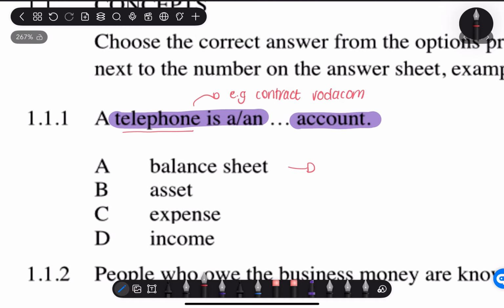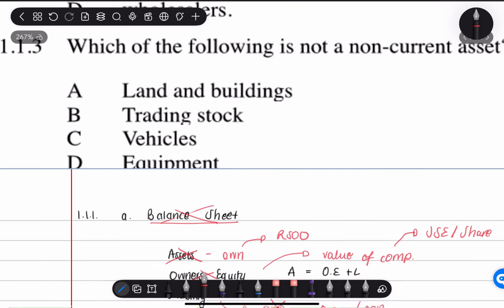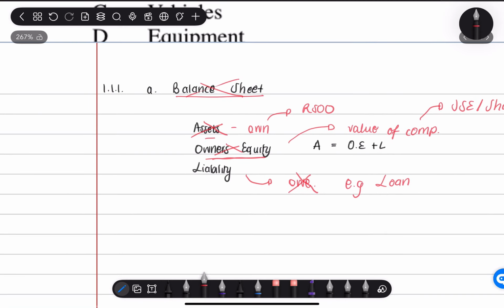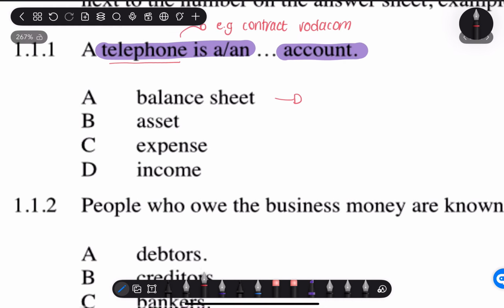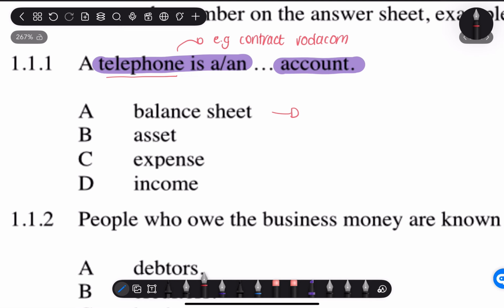Our next option, is it an asset? We already touched on an asset, and we've both said that it's not an asset. It's not something you own. You don't own the 500 Rand that you pay every month. You own your phone, yes, but not the 500 Rand you pay. Is it an expense?